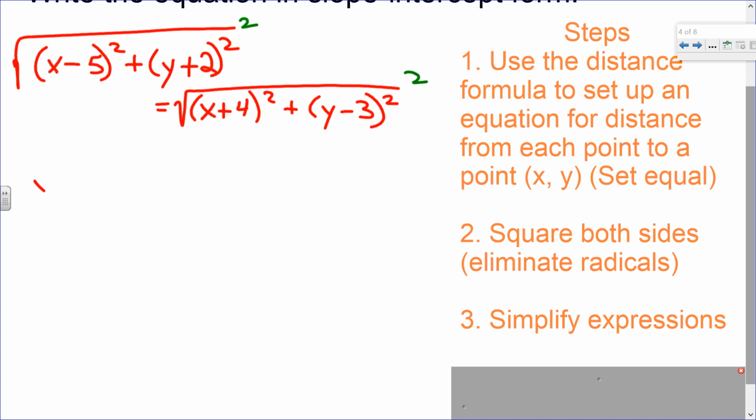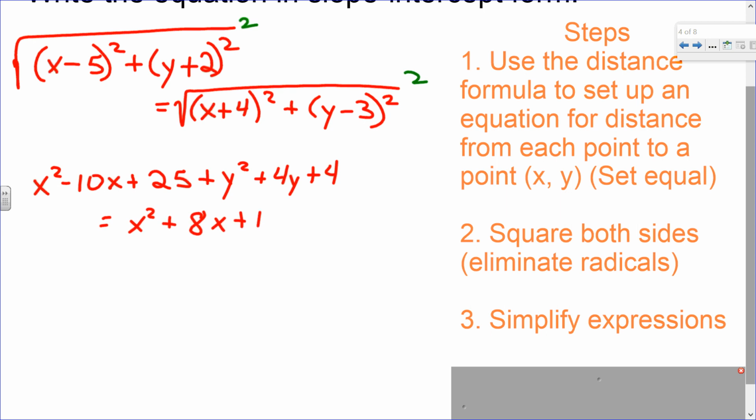So now I have x squared minus 10x plus 25 plus y squared plus 4y plus 4 equals x squared plus 8x plus 16 plus y squared minus 6y plus 9. And please check my work. Don't let me have any typos in there before we go on.